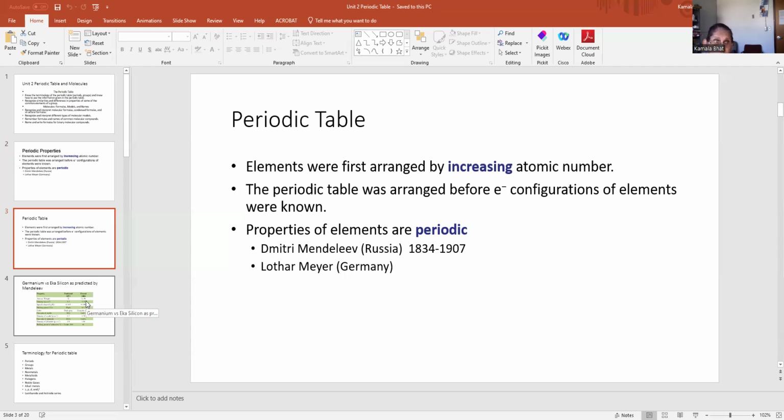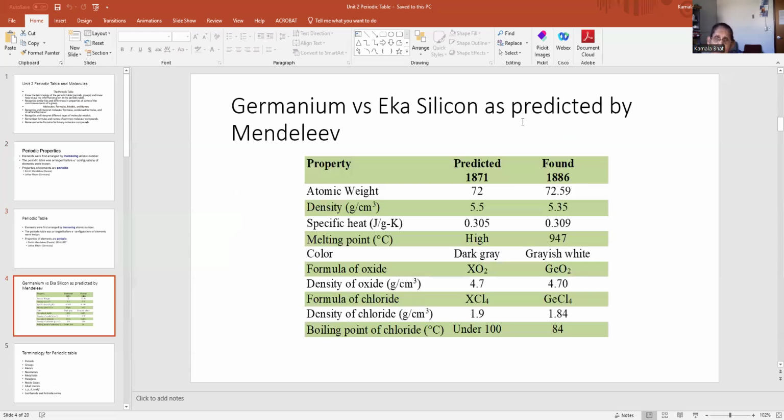However, when atomic numbers are given, and even though at the time of Mendeleev electronic configurations were not known, he was still able to predict very, very accurately unknown elements, such as the one he named below silicon as eka-silicon. Later on it was found and named germanium. As per Mendeleev, the properties that he studied were atomic weight, which he predicted in 1871 as 72.